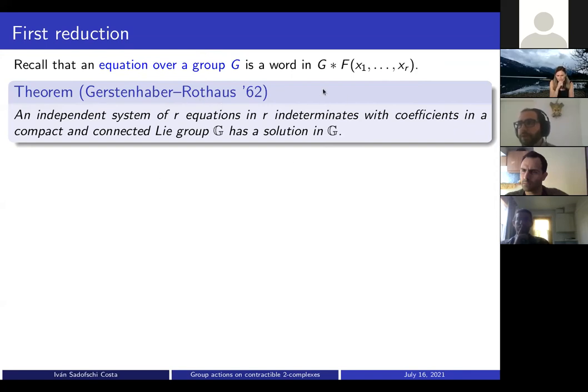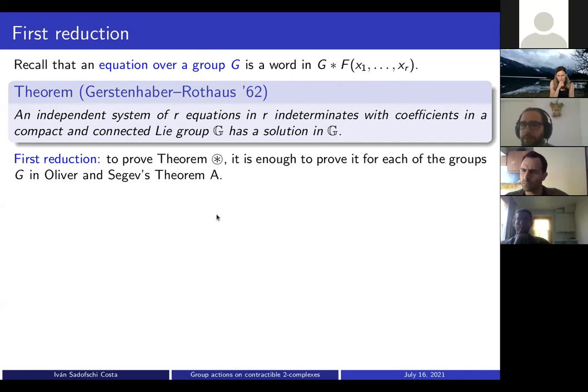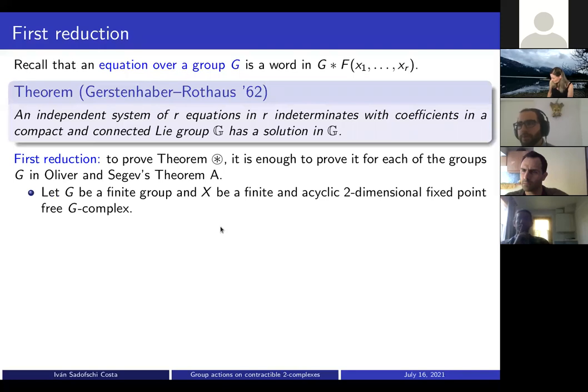Using this result, we can prove the first reduction, which is the following. To prove this main theorem, it is enough to prove it for each of the groups in the classification by Oliver and Segev. So we start with any action of a finite group G on a two-dimensional acyclic complex without fixed points.